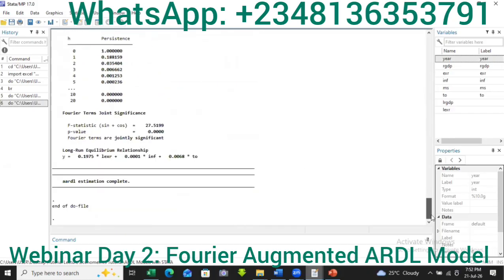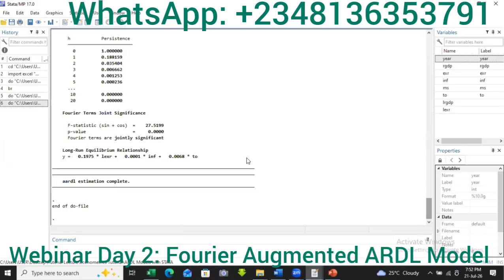If you come down here, you can also see the F-statistic on the Fourier terms. If the Fourier terms are not significant, it means there's no point in using the Fourier augmented ARDL model. The ARDL model is okay for analysis, because why would we include terms that are not significant? So we should just use the standard ARDL model.